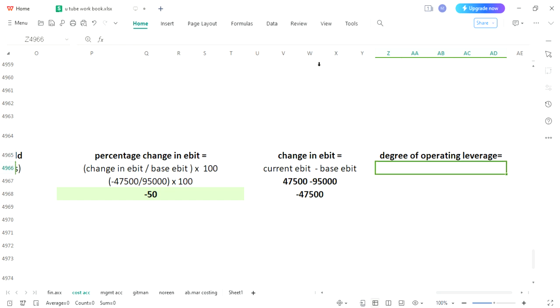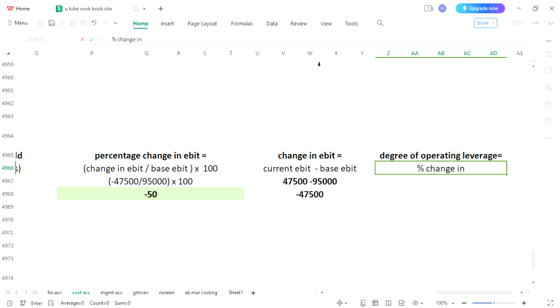And what is that? Percentage change in sold units and percentage change in your EBIT. Two percentages we have calculated: percentage change in EBIT divided by percentage change in units.